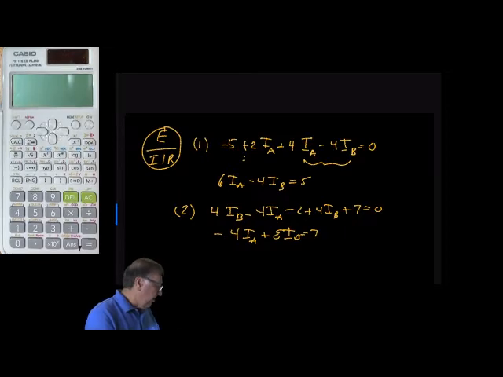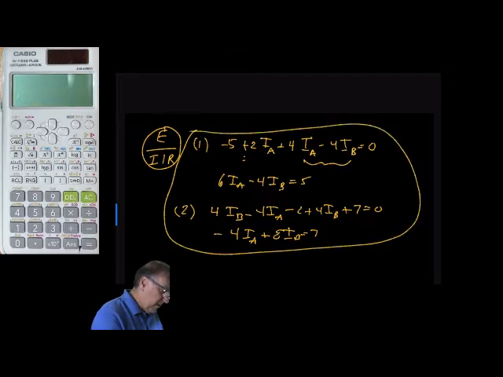So we can solve these two equations, as there are 2 equations and 2 unknowns. We can put these equations into matrix form and solve them with a calculator.